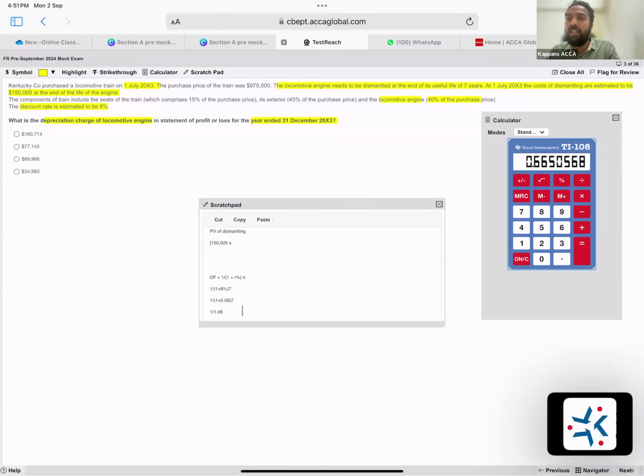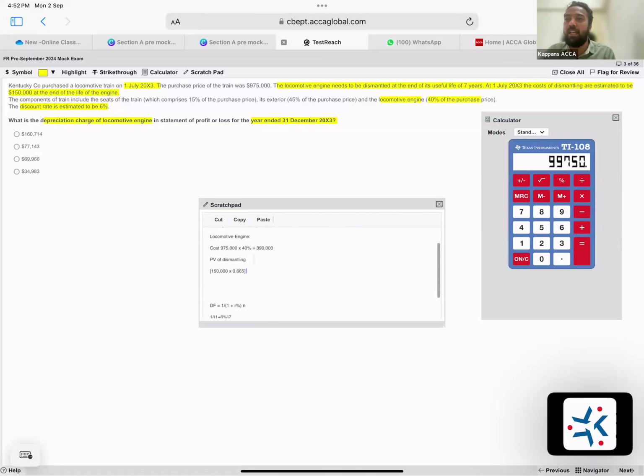So 150,000 multiplied by discount factor 0.665. It is 1 divided by 1.06 seven times. So now this multiplied by 150,000. So 150,000 future cash flow after 7 years multiplied by 0.665 discount factor is 99,750.